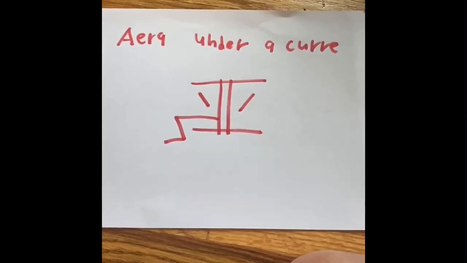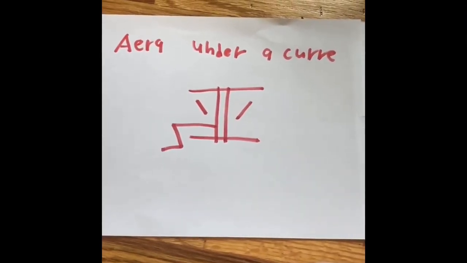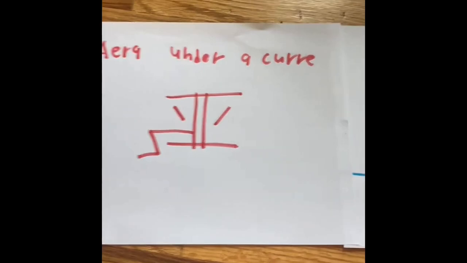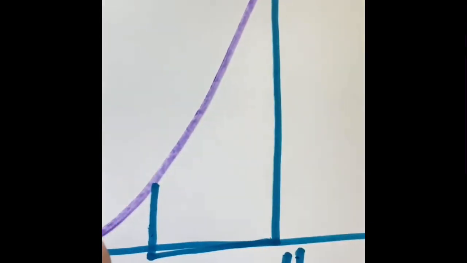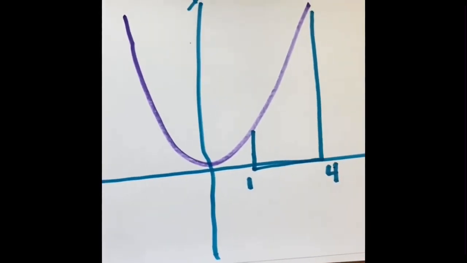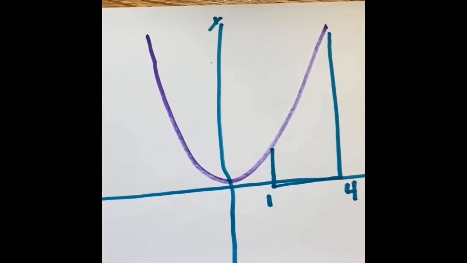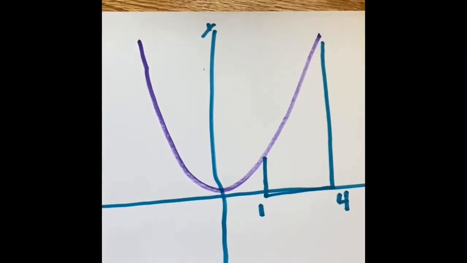But hang on, we can't exactly measure out the shape because it looks like this, and it has a curve on it. It's very difficult to find the area of a shape when it has curves on it.